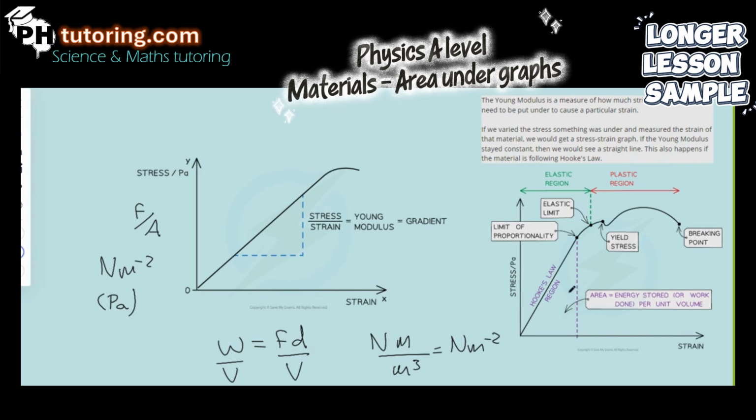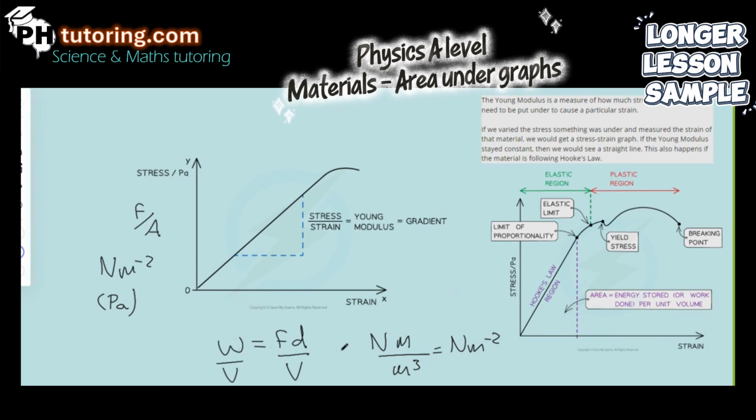Now, we won't go into the other bit. Let's just focus on this bit here: the energy stored, or the work done per unit volume. Basically, why is that the case?